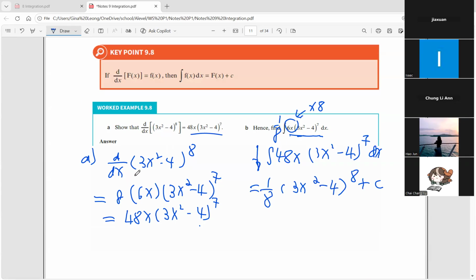You always need to figure out how to change. Sometimes you not only put the number, this easy question you just put the number to form it. Sometimes I have to put the x also. Sometimes I can put the fraction also. You have to figure out how to get the original value back, which is what you prove.